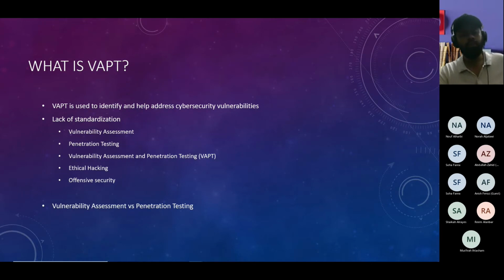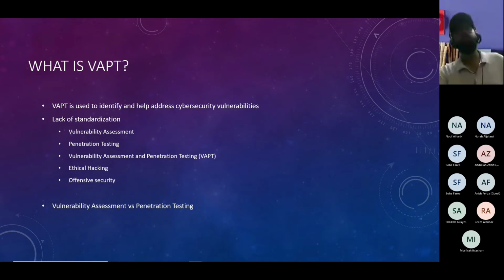You engage me to do a vulnerability assessment of your web application. I will identify vulnerabilities, and say I identify a SQL injection vulnerability. I will not exploit that vulnerability and extract information from the database, because you asked me to do a vulnerability assessment.